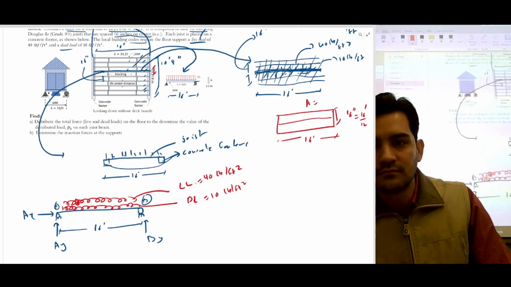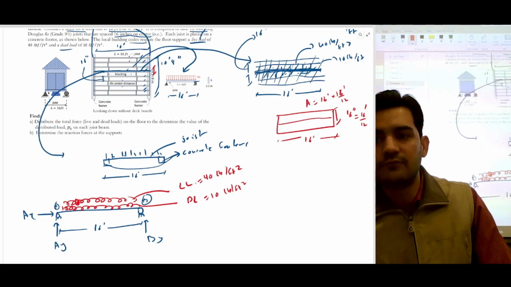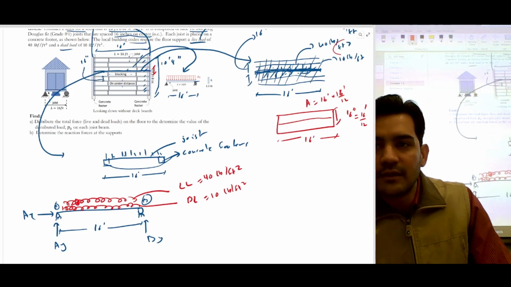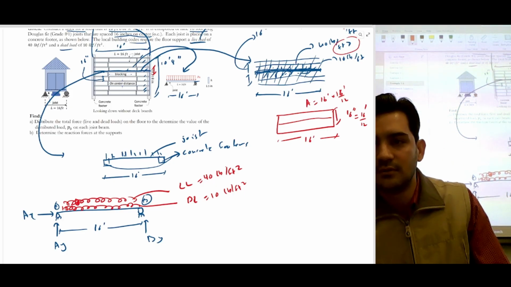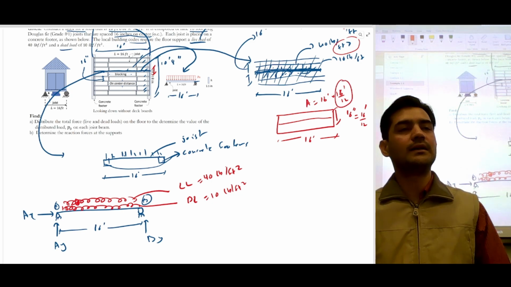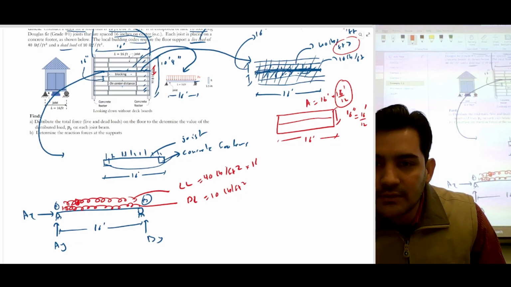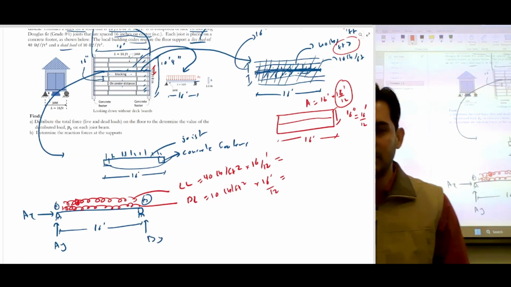The area is 16 feet into 16 by 12 feet. We have been given load in terms of feet square, so we have to convert it to feet. So we multiply by 16 inches, that is 16 by 12, and you're going to get the loads which we can work on.